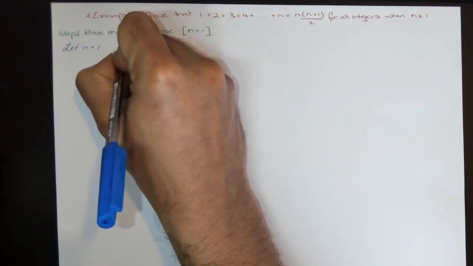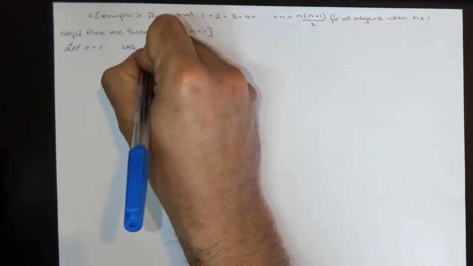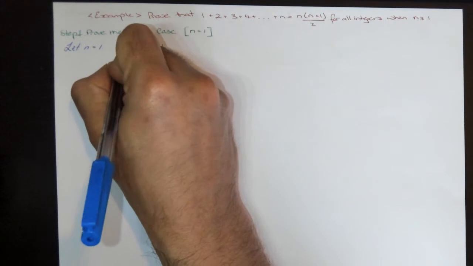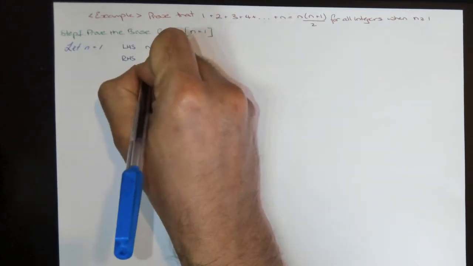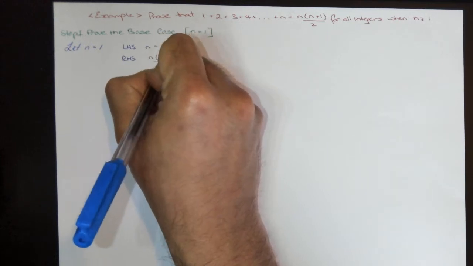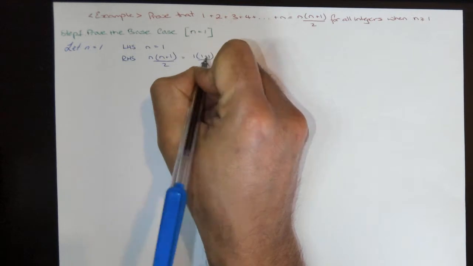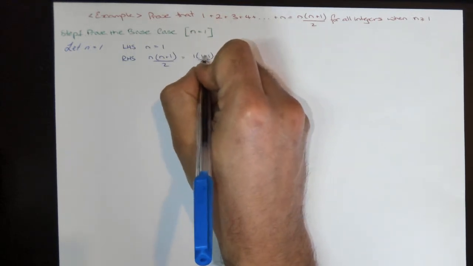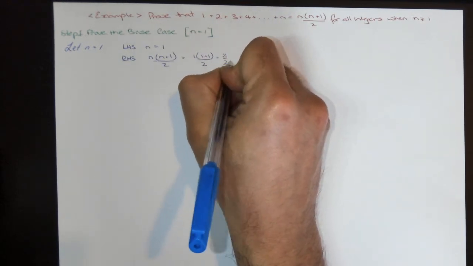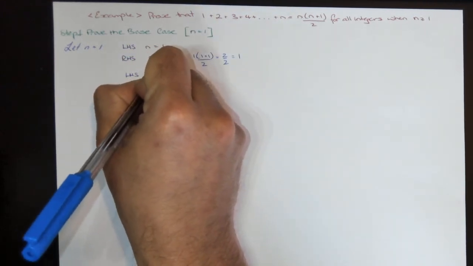So the left hand side, n equals 1. The right hand side is n times n plus 1 over 2. Well, that's 1 lot of 1 plus 1 over 2, which is 2 times 1 is 2, over 2, which equals 1. So the left hand side is equal to the right hand side.